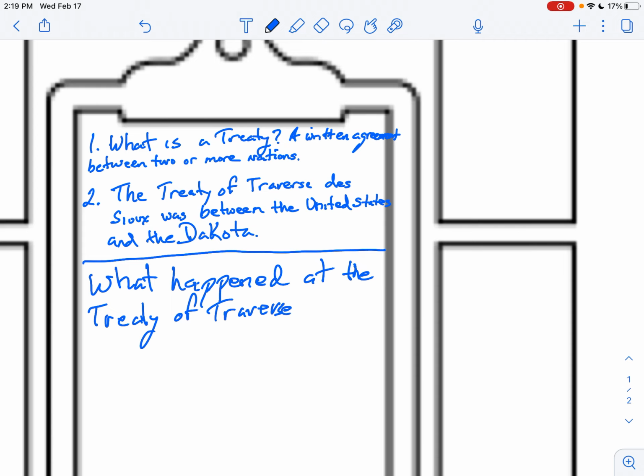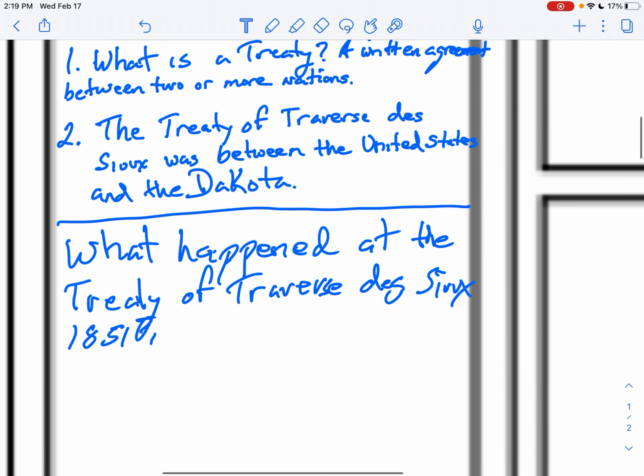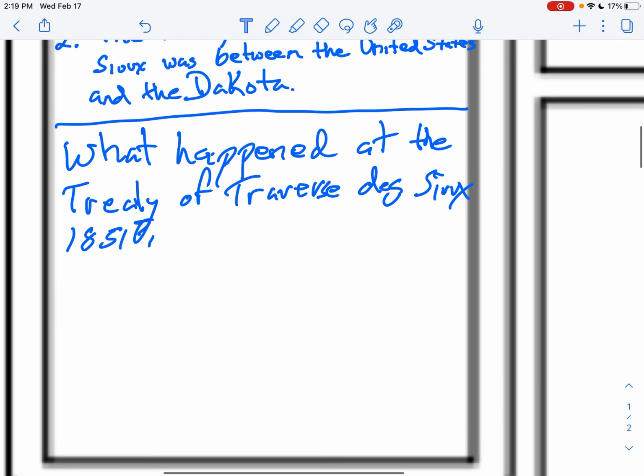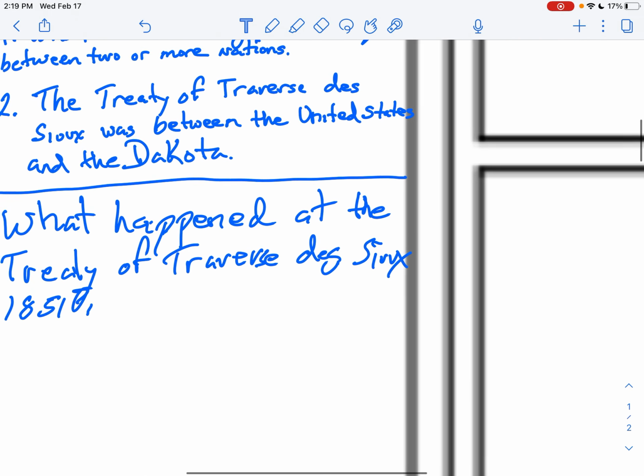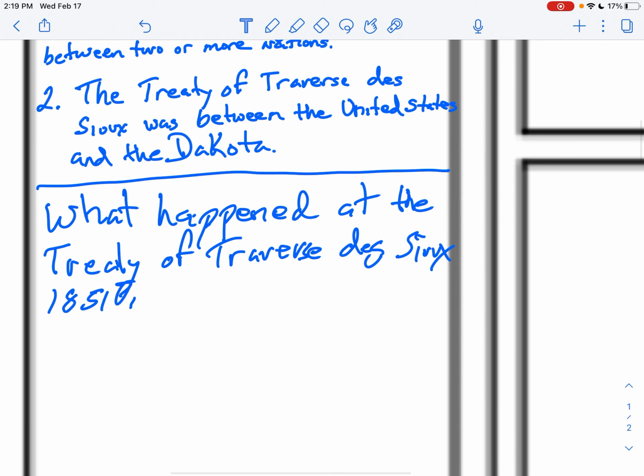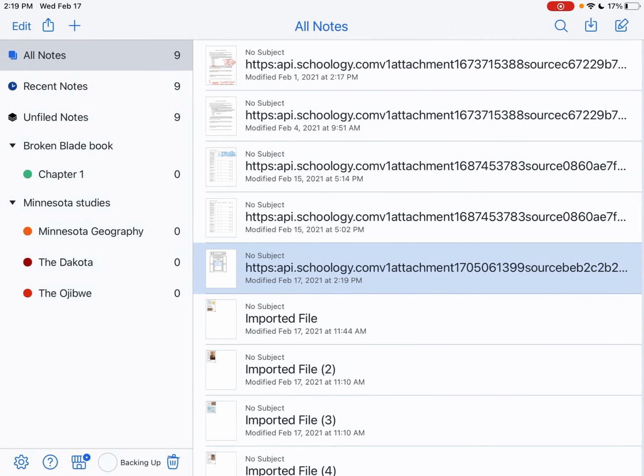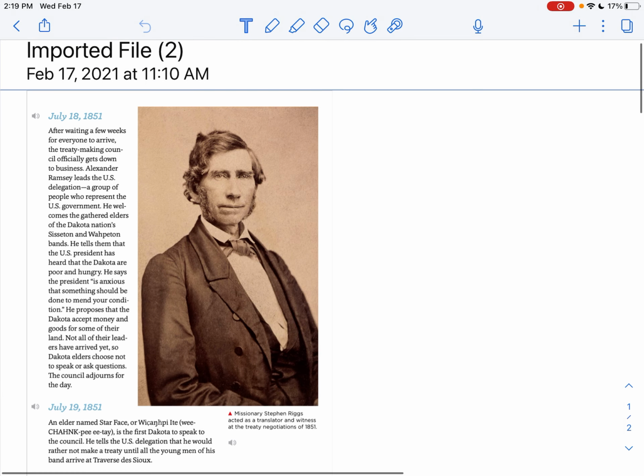All right. That treaty was made in 1851. All right. So if we run out of room, we'll deal with that in a little bit. Okay. So what happened?